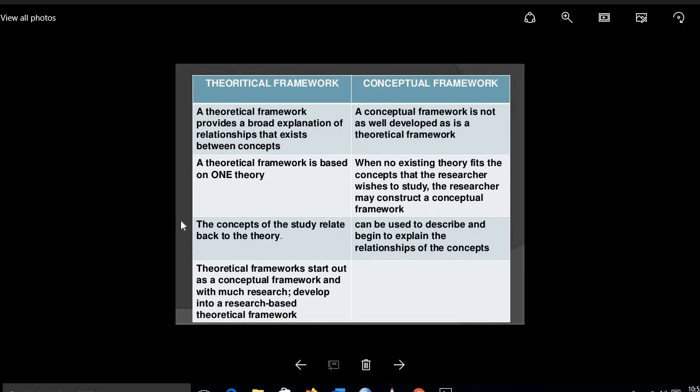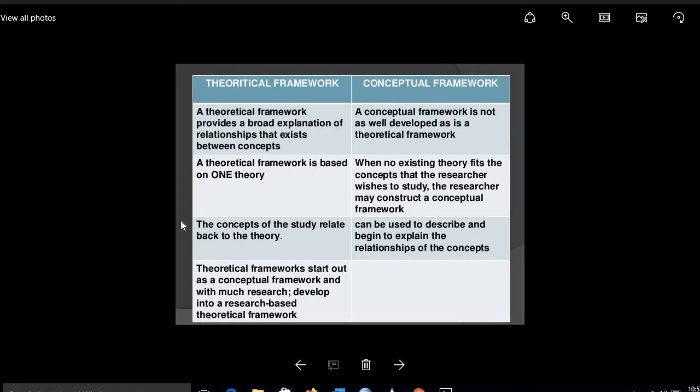And see, the next part, a theoretical framework is based on one theory. Theoretical framework is based on only one theory. But you see, on the other hand, conceptual frameworks may belong to many theories. It may be an idea of one theory or more than one theory. So it's only a concept.